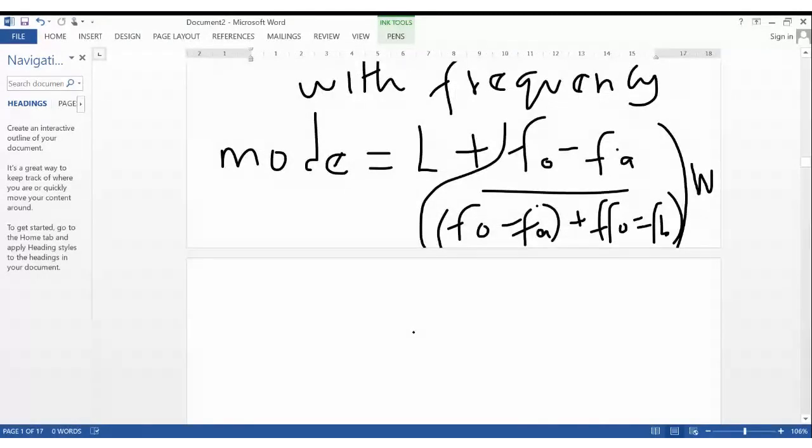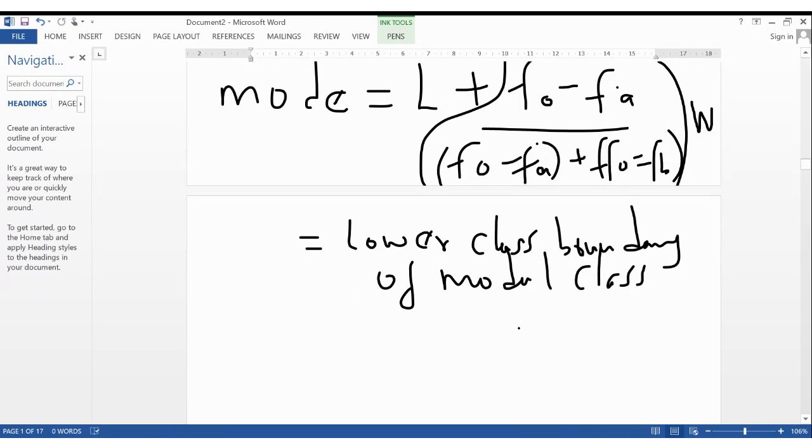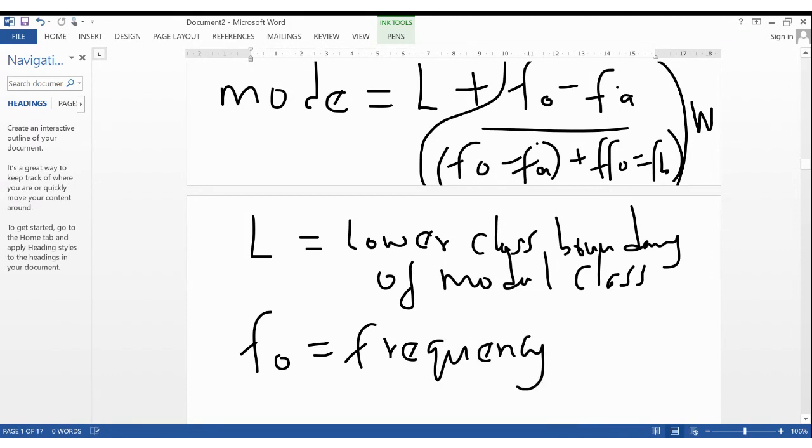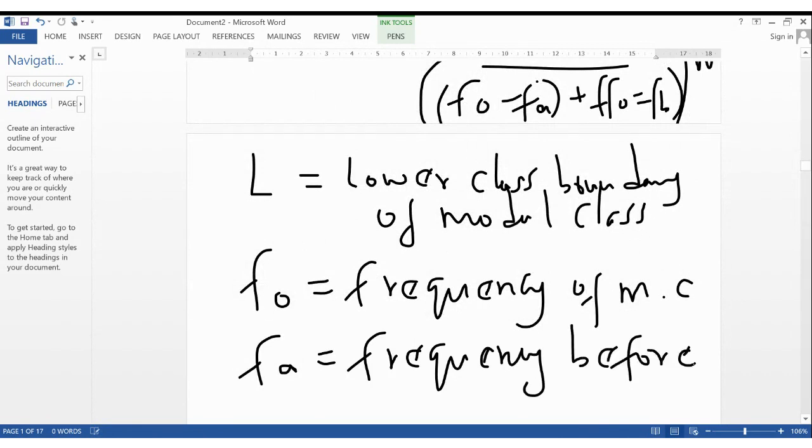Now there are some terms here you must be able to understand. When you have the modal class, L is the lower class boundary of the modal class. Another term you need to know is F0, the frequency of the modal class, MC. FA is the frequency just before the modal class.